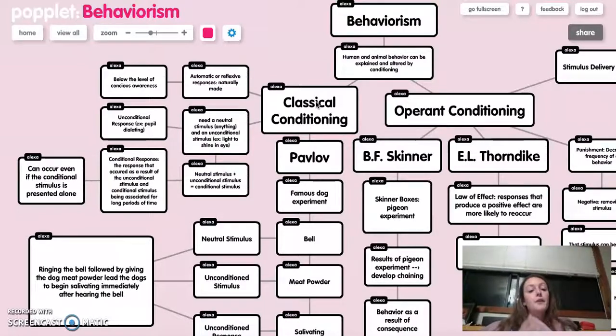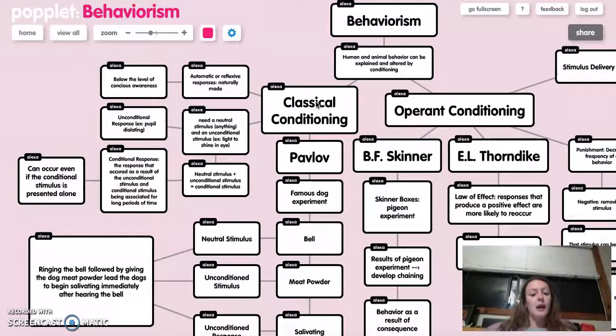So, a neutral stimulus is something that doesn't elicit any response, any physical or behavioral response, and an unconditional stimulus is something that does elicit a subconscious response, and a reliable response that happens almost every time.